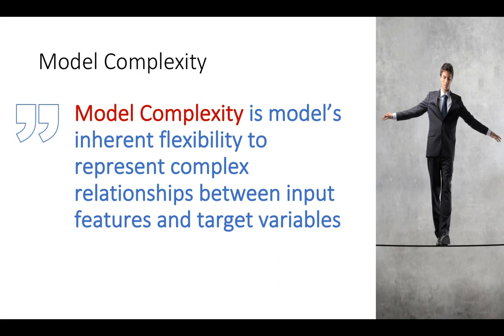If it is too flexible and tries to capture everything in the data, mapping a function between the input features and the target variable that includes the signal as well as the noise, then we are building a very overcomplicated model. And if you are building a model which doesn't even bother to capture some relationship that exists between the input features and target variable, then it is also not a good model. That is an underfitted model.